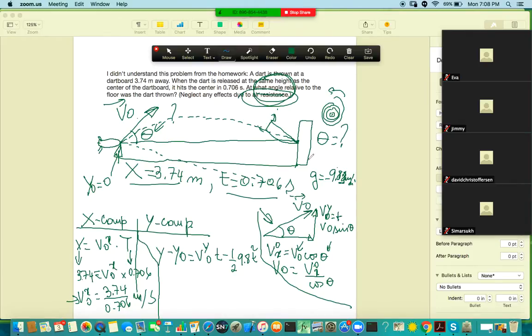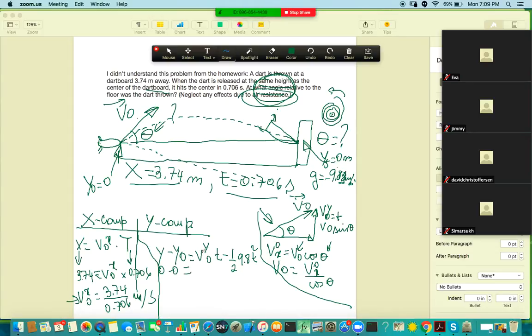And what is your final position? Bullseye. So your y final is 0 meters. You hit the bullseye. Because the dart is released at the same height as the center of the dartboard, right? It's the same level. So which means y minus y naught is 0 minus 0.